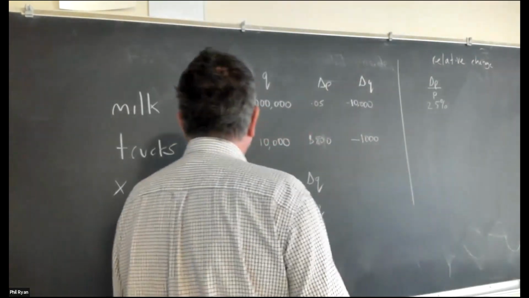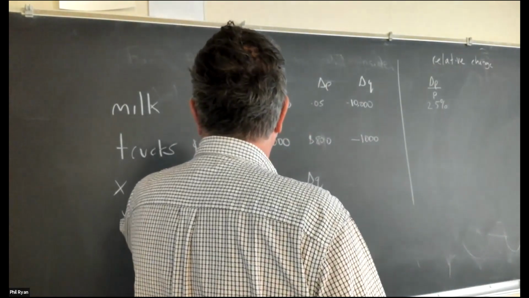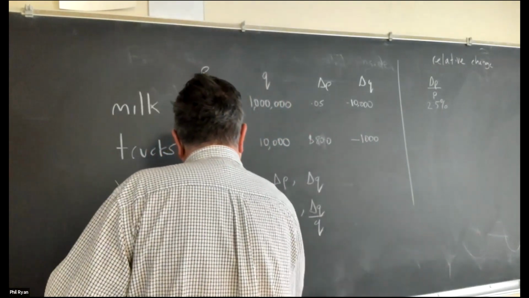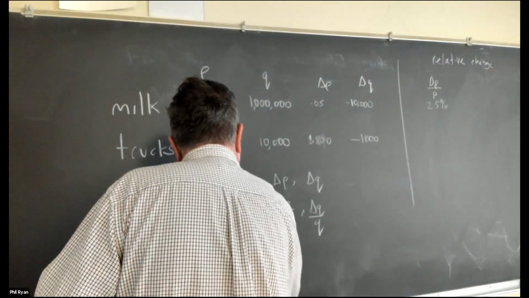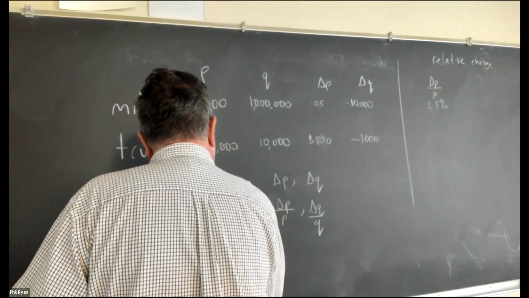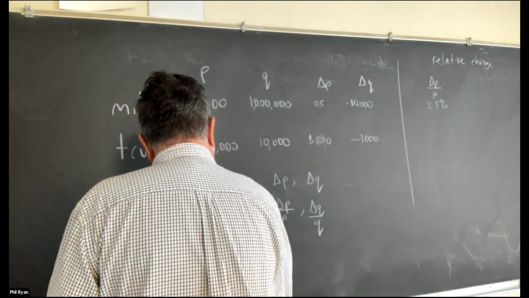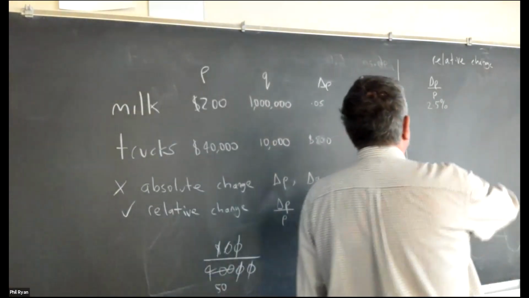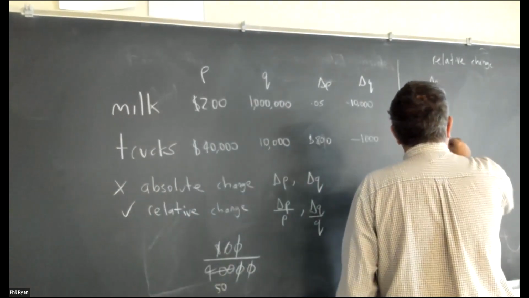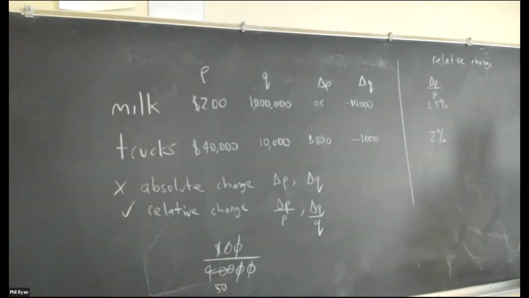Okay, 800 divided by 40,000. Right, 2 zeros go, 8 goes into 40. So this is a 2%. Okay, so we see that actually the changes in price are kind of comparable.